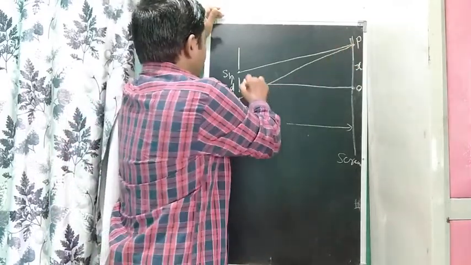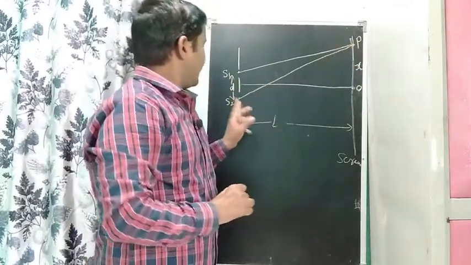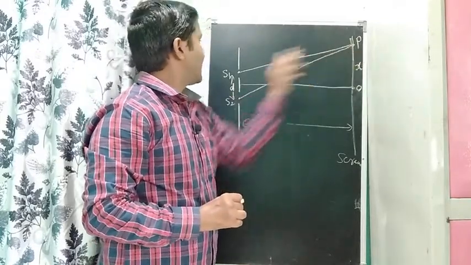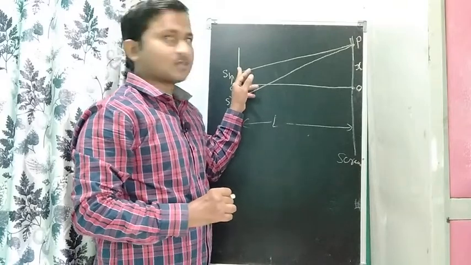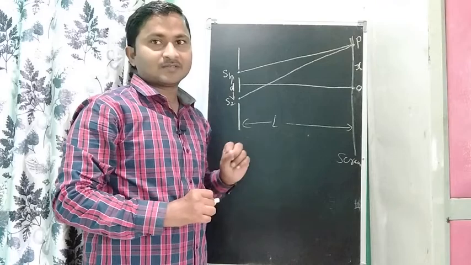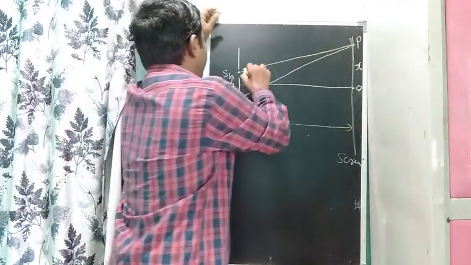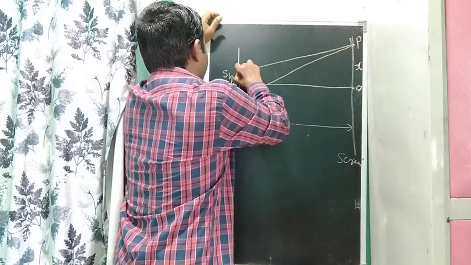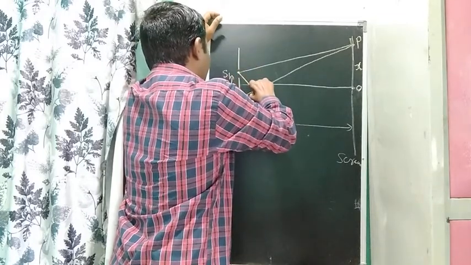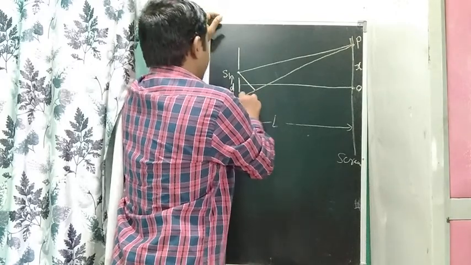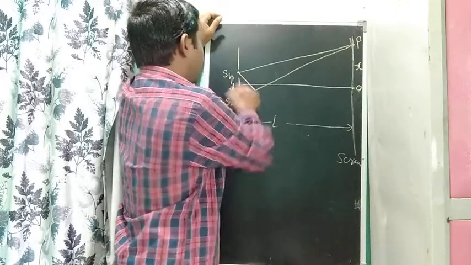Now here we know that the light emitting from S2 has to travel more distance than the wave coming from S1. So there exists a certain path difference between the two light waves. If you draw a perpendicular from S1 onto the second beam, this gives the path difference, the extra path travelled by the light wave emitting from S2.